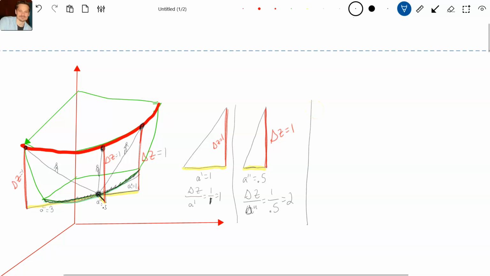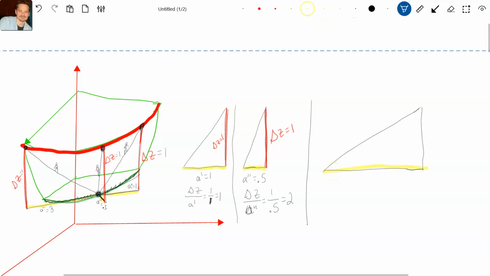Let's repeat this for the last triangle. So again, the last triangle is this one, right here. I'm taking that out of the 3D shape and I'm going to just draw it over here in 2 dimensions so we can look at the slope. So that's got a pretty long horizontal leg, and then the same delta z as for the other two. So that looks like that essentially. And let's trace over the relevant bits.